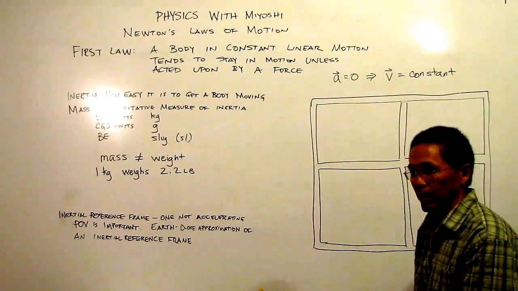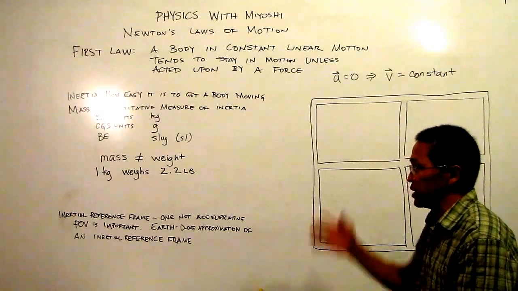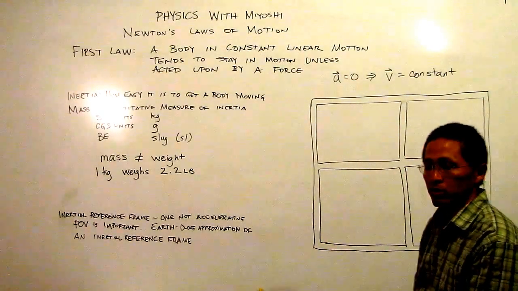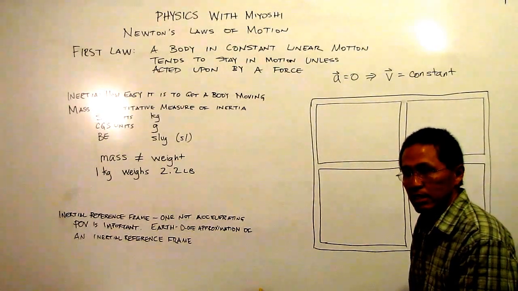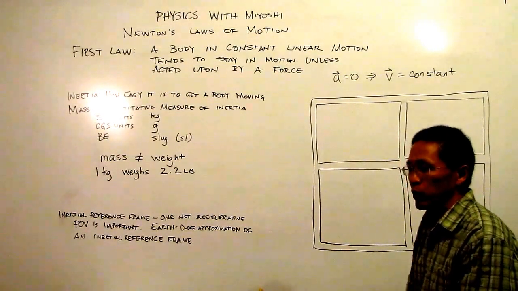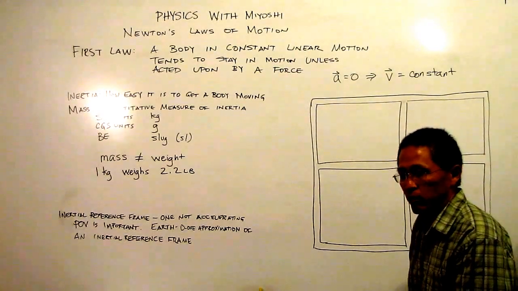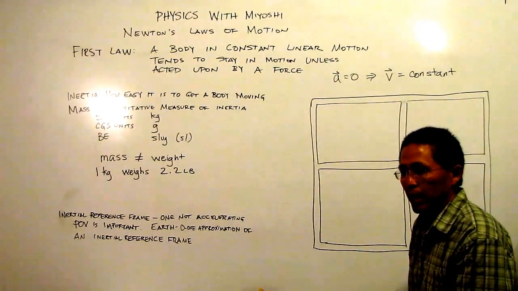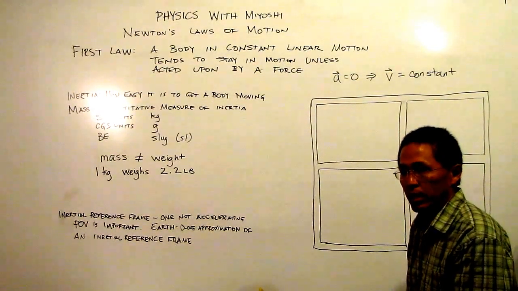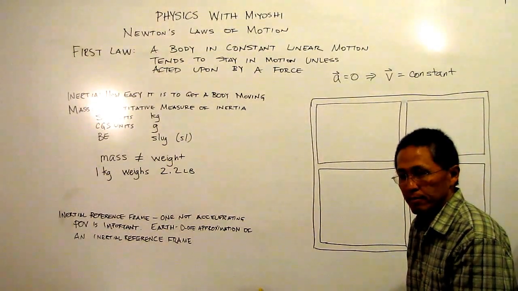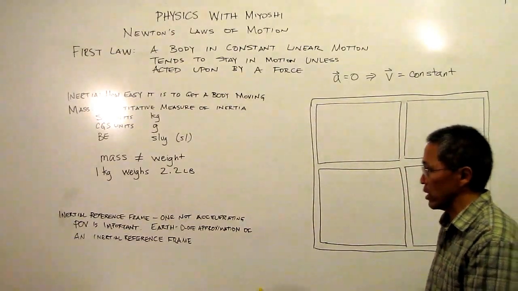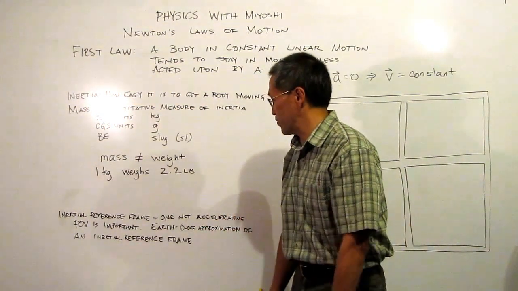You might be able to tell that I'm moving. But if it's closed, like it is now, and there's no magic going on, then you couldn't tell if I was sitting still or moving, whether this is a room in a house or a room in a constant velocity moving object.